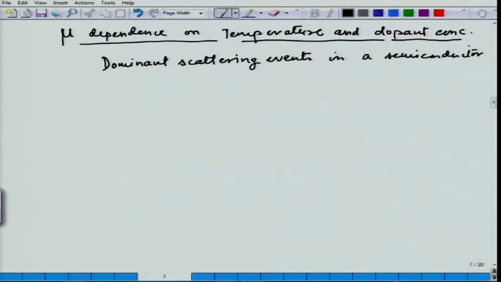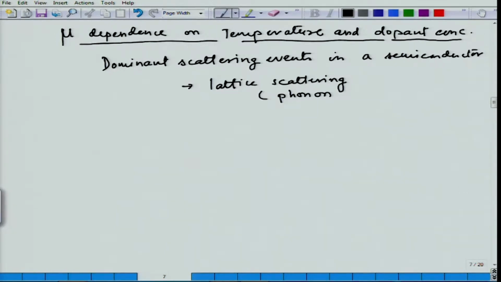In general, we can talk about two main events. The first one being lattice scattering. Here the electrons or holes are having a collision with the lattice atoms, and this is also referred to as phonons, because it is the vibration of the lattice atoms which affects the scattering.